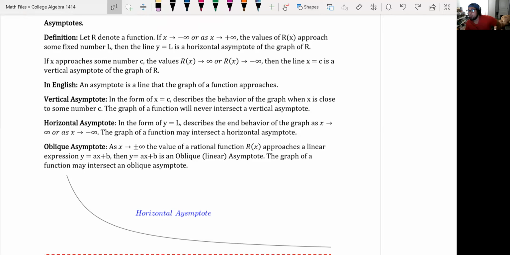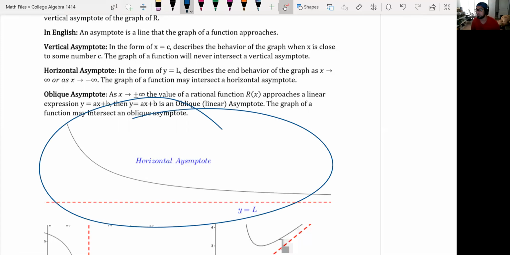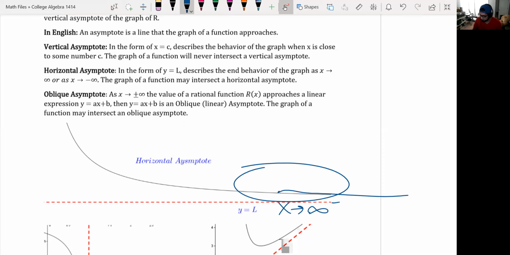All right. So what that means is, if we look down below here, the first picture represents the definition of a horizontal asymptote. This is the red line. The red line's a horizontal asymptote. So what we're saying is that as x approaches infinity, this part of the function starts to get closer and closer to this dashed line.